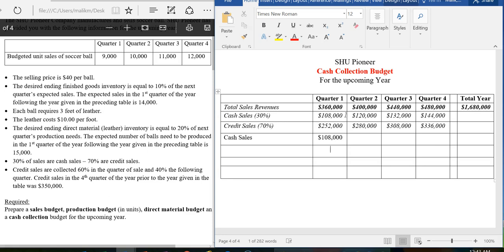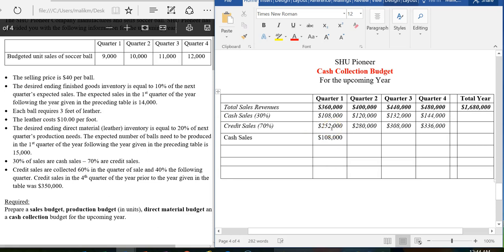For Q1, it's $108,000. Now we need to think of these credit sales. How are they gonna collect it? So their policy is that credit sales are collected 60% in the quarter of the sales and 40% the following quarter. That means when you are doing Q1, look at this credit sales, which is $252,000.